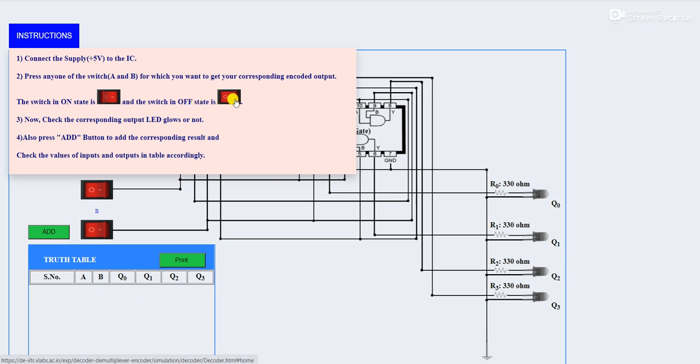Third, check whether the corresponding output LED glows or not. We will check our output with the help of these LEDs from Q0 to Q3. Press the add button to add the corresponding result.